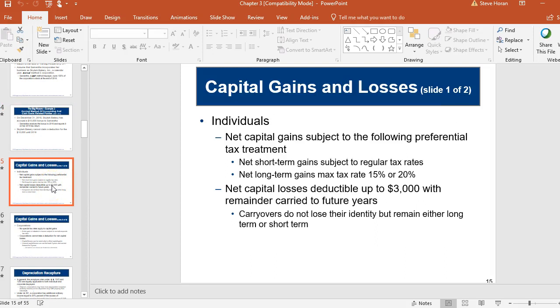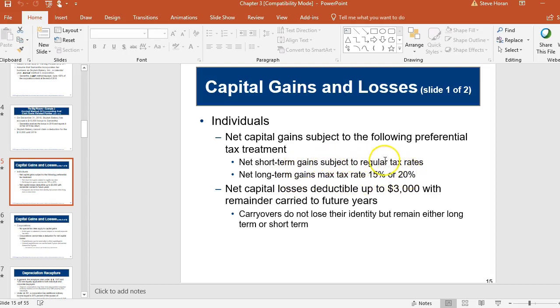Okay, then there's a large section about capital gains and losses. Actually, just about 2 pages, pages 5 and 6, and these are for individuals. You probably remember what that is since you just had the class, most of you. Capital gains are subject to preferential tax treatment because the maximum is 20%. Most people will pay 15 to 20% on long-term gains.